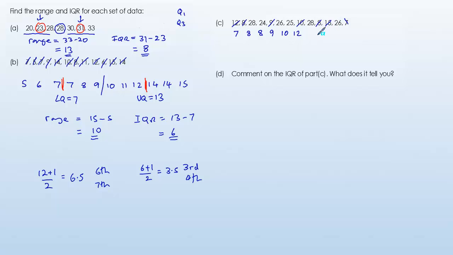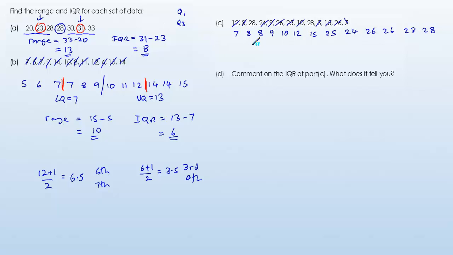I've got the 15 just here. 25, 26, 26. I missed the 24 there, so it's very easy to do. So 24, then the two 26s, and then two 28s.